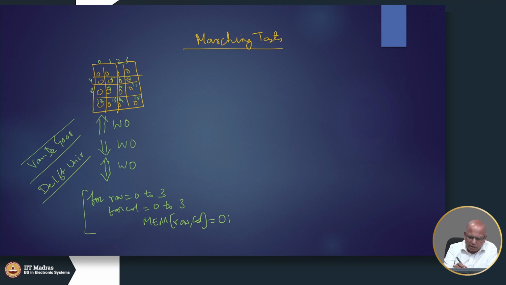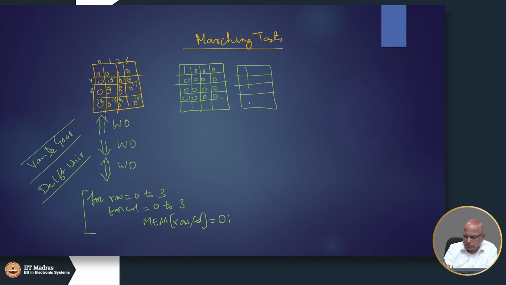So initially we may write all zeros, and then what we are going to do is start marching a 1. That means we write a 1 and the others are 0. And then, unlike in galloping pattern, we are not going to read everything back.